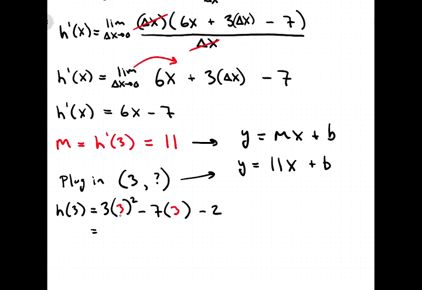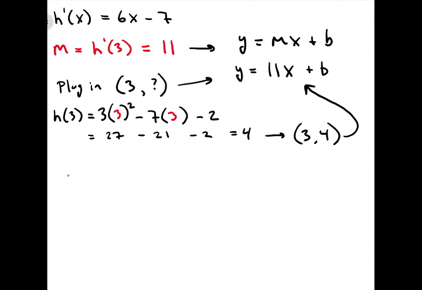So 3 times 3 is 9, times 3 is 27, so that's 27 minus 21 minus 2. 27 minus 21 is 6, minus 2 is 4. So we're going to plug in the point 3, 4 into this equation. Okay, and then that'll allow us to solve for b.